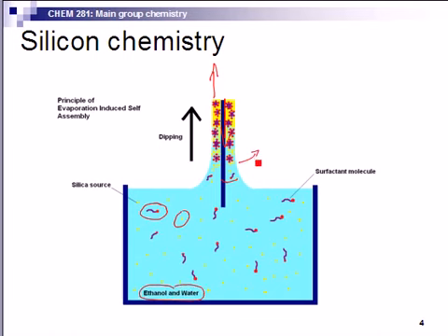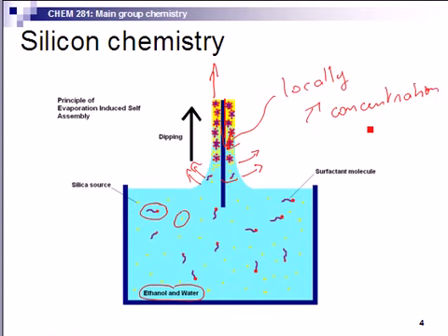When you start evaporating your solvent, obviously ethanol will go quicker than water. So locally here, you have an increase of your concentration of water. Also, locally, you have an increase of your concentration of surfactant.